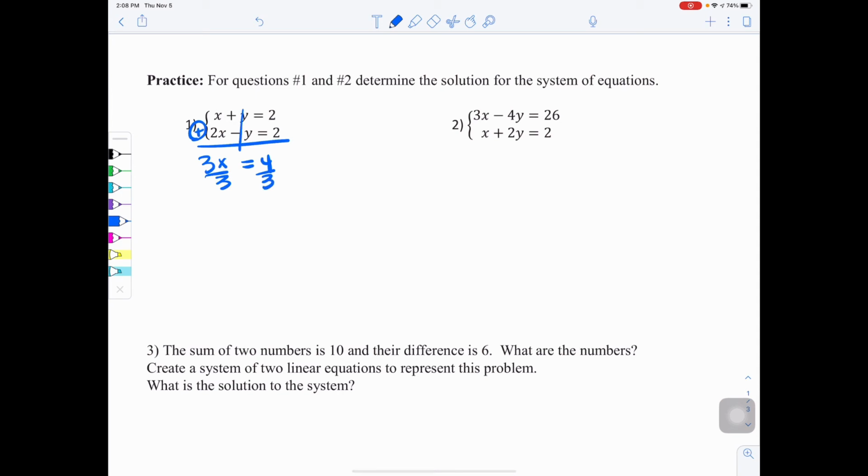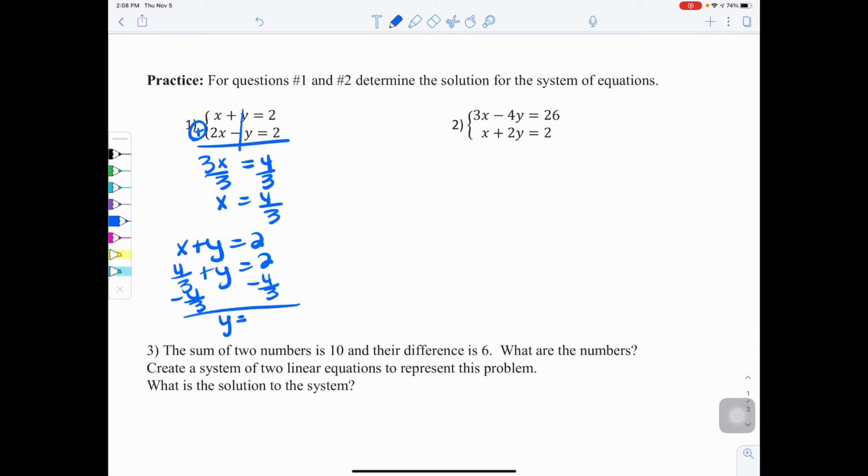I can pick either equation I'd like, so I picked x plus y equals 2. I already know that x is 4/3. I will subtract 4/3 from both sides to get y alone, and I end up with 1/3. So now I know my solution is an x value of 4/3 and a y value of 1/3.